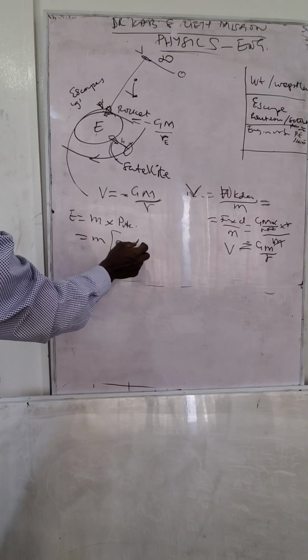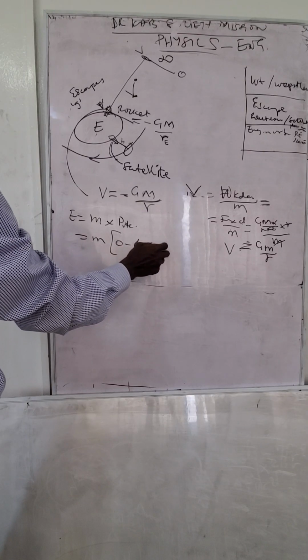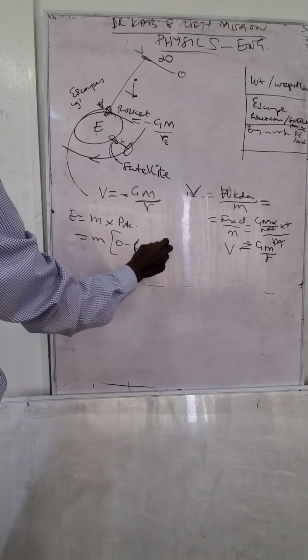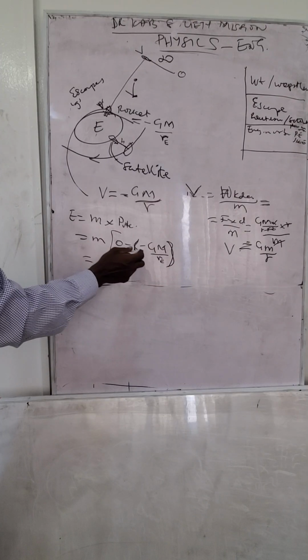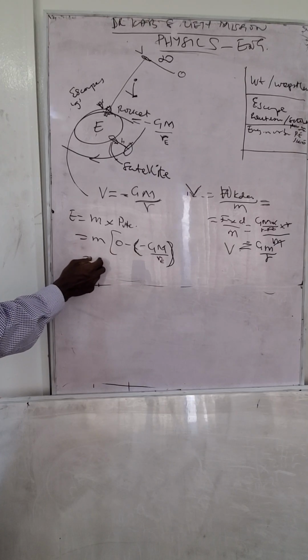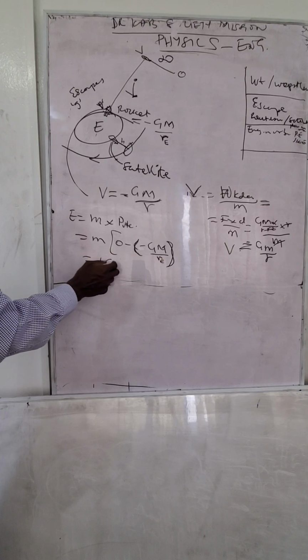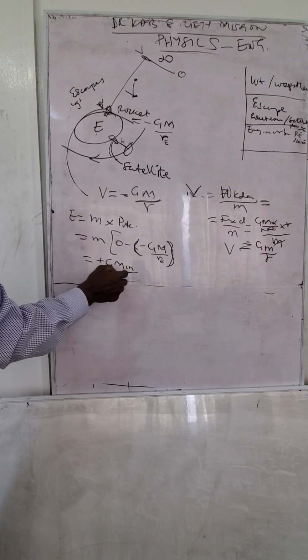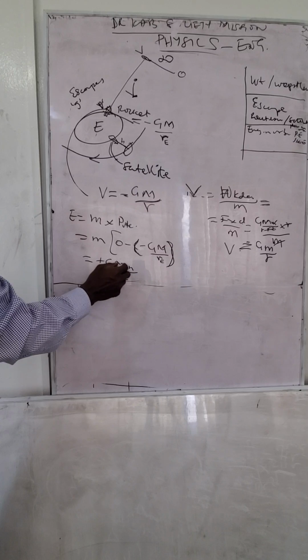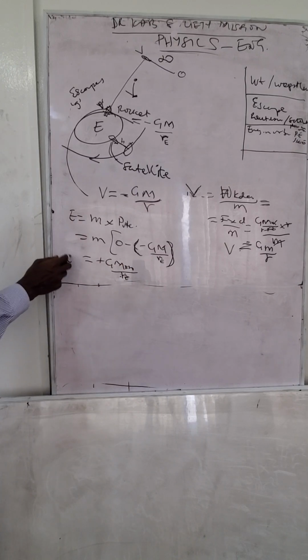So we are subtracting, but already this is minus. And this is going to give us positive GMm over R_E. So this becomes the energy.